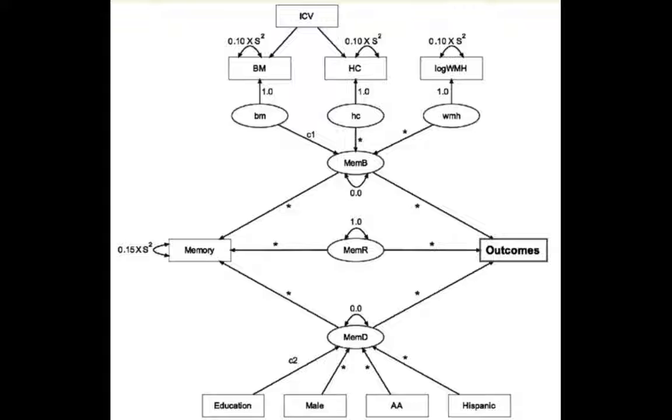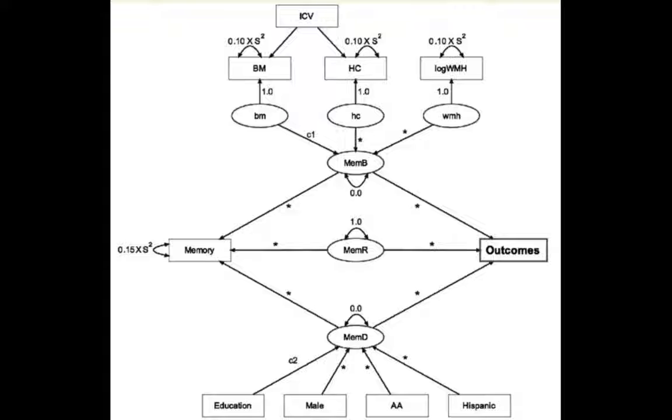Okay, so a couple of comments about this. Keith Widaman and I were talking about this at dinner, and if you are interested in the MR component here, so basically in this model, what I did was took episodic memory, decomposed it into a brain component, a demographic component, and a residual component.